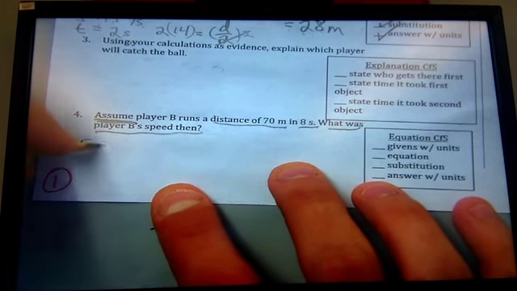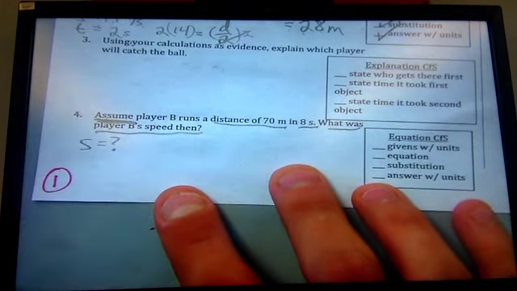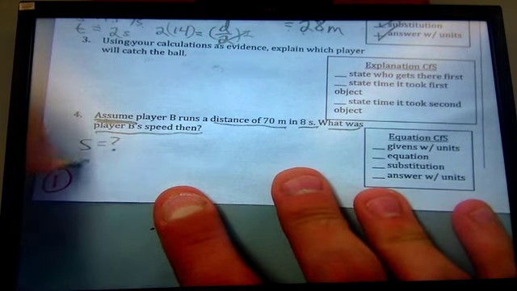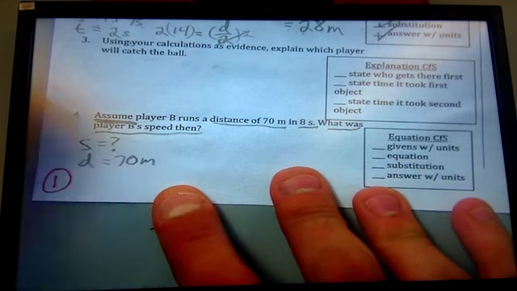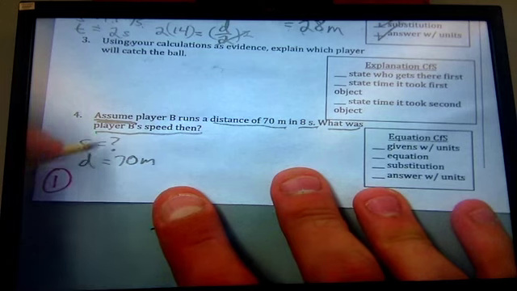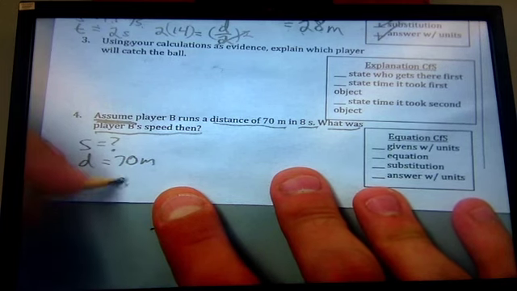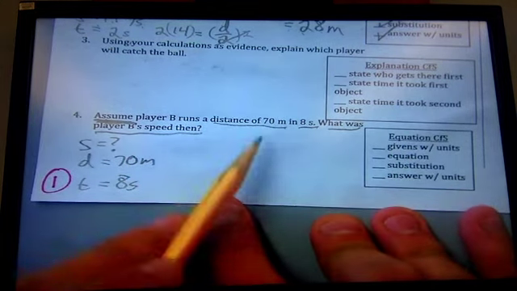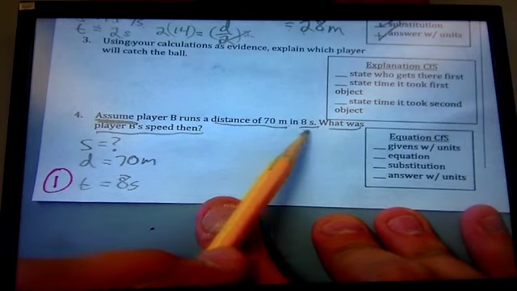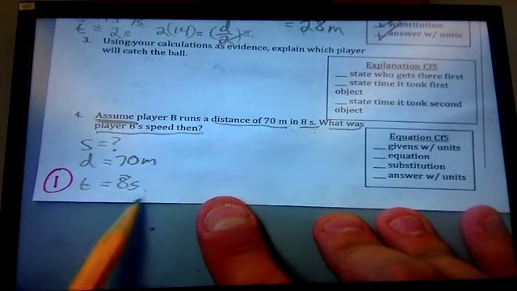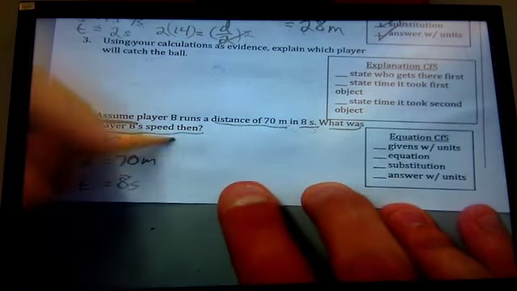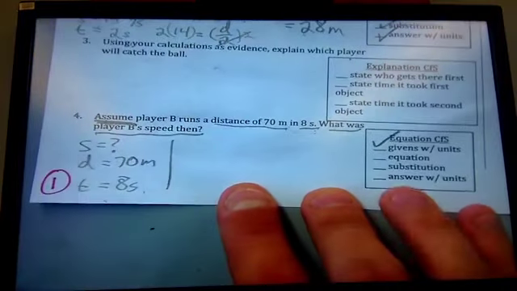I'm asked for the speed, so I'm going to put speed equals question mark. The distance is 70 meters, and the time was 8 seconds. It doesn't say time in the prompt, but I see that the unit is seconds, so I know it's time. Great, I've listed my givens with units.